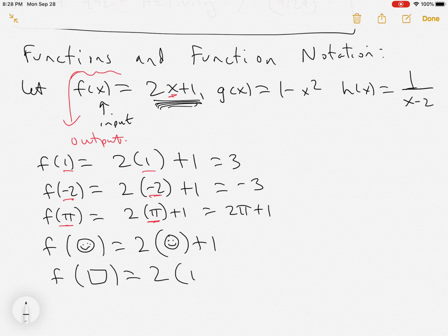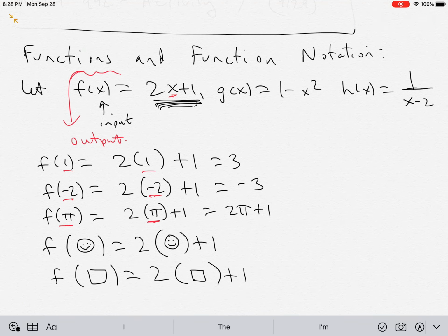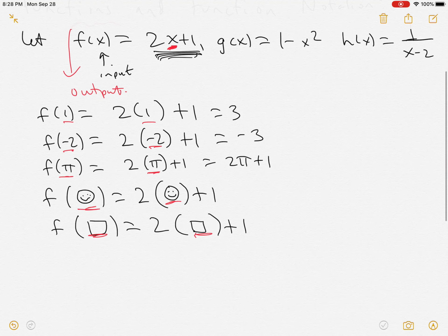That's 2 times square plus 1. It's just a matter of input and output, and wherever you see an x in the equation, you put whatever it is you're supposed to put in there. That's your input. Okay?